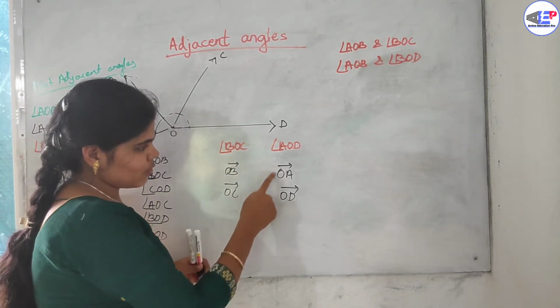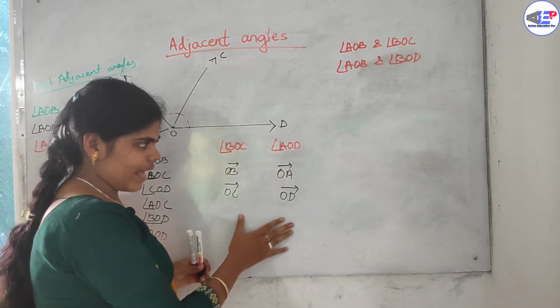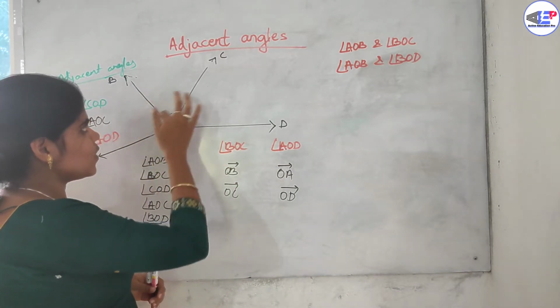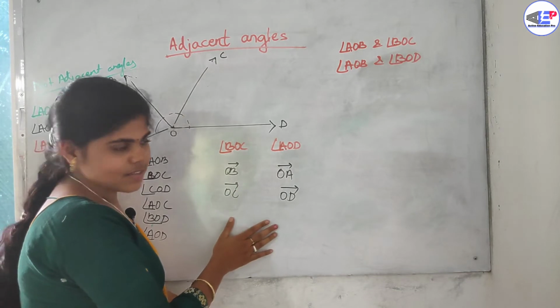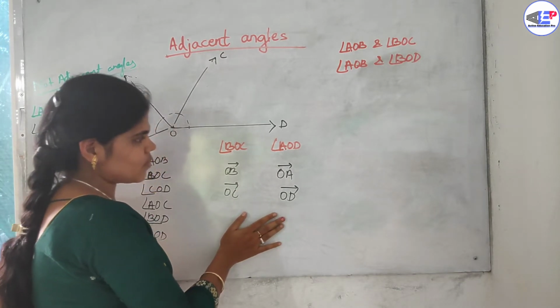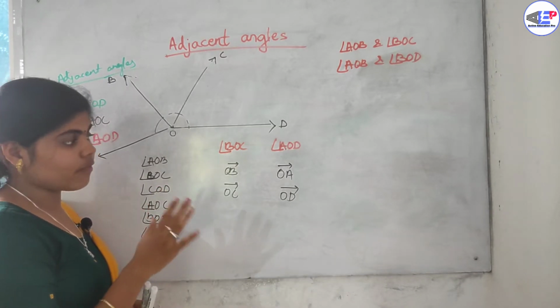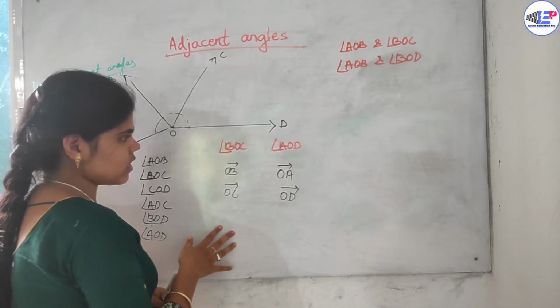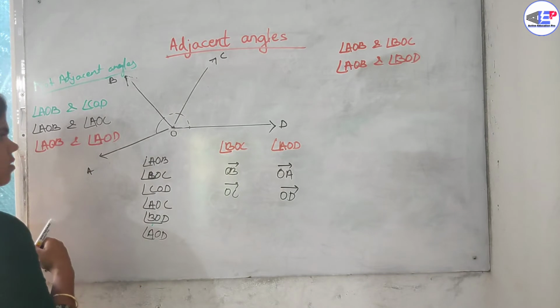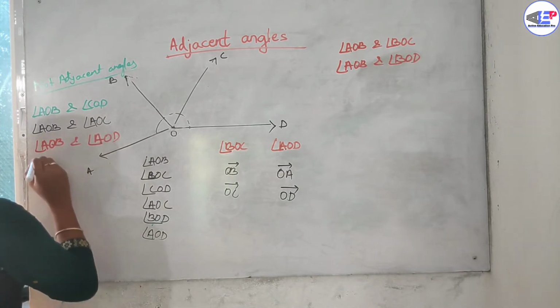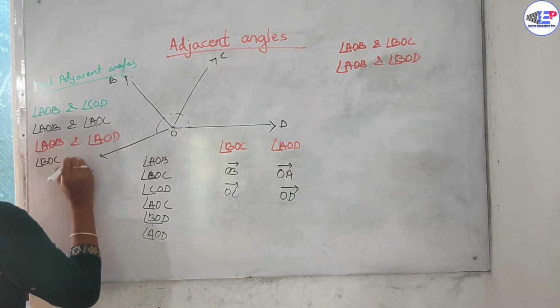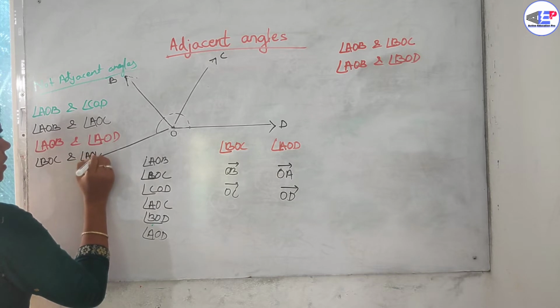OB, OC, OA, OD, the four arms in this figure are present here. There is no common arm. So these two angles do not satisfy the first condition of adjacent angles. So these two pairs are not adjacent angles. One is BOC and AOD.